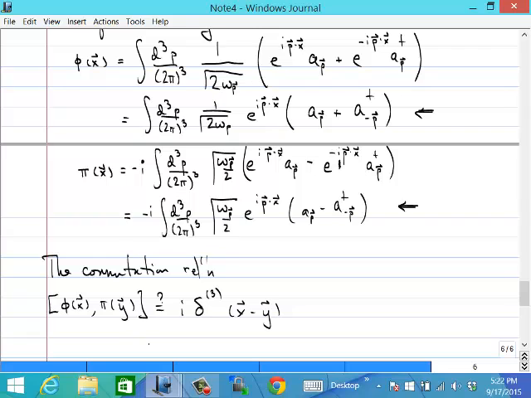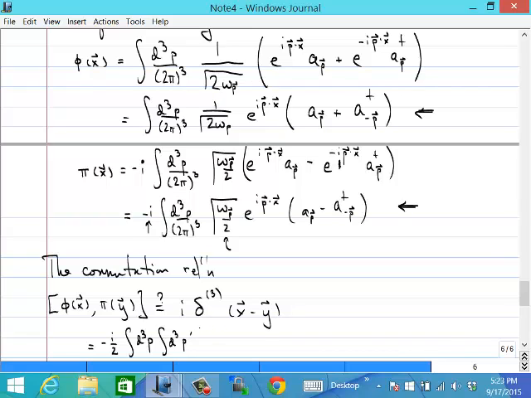So what do you get? Well, let's just write it all out. So first you get a minus i over 2. That's just from that minus i and these square roots of 2. You get an integral d3p from the Fourier expansion of phi and an integral d3p prime from the Fourier expansion of pi, where here now p prime is the Fourier mode for pi.